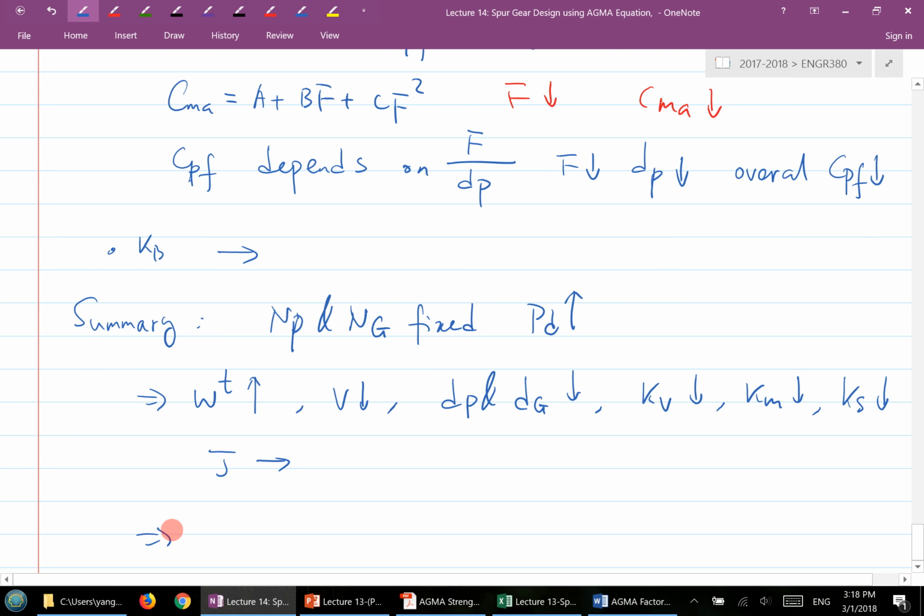So overall, there are a lot of factors going down. There's only one factor going up, right?